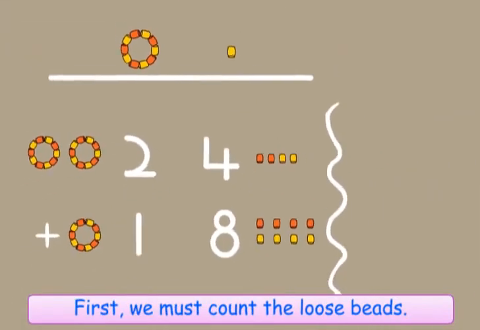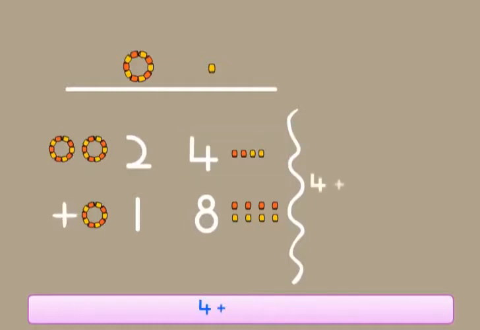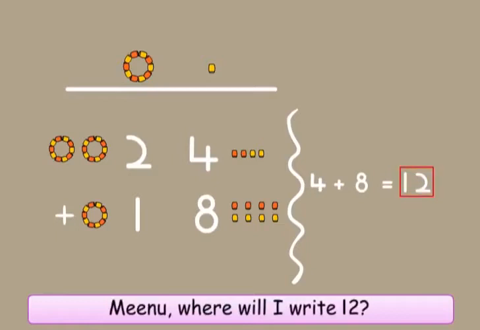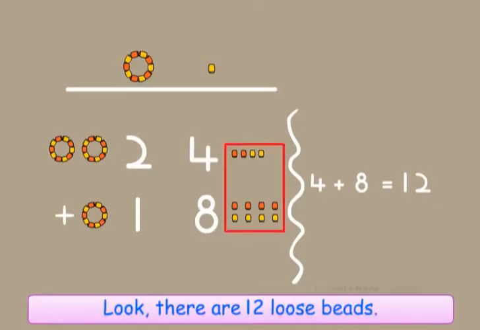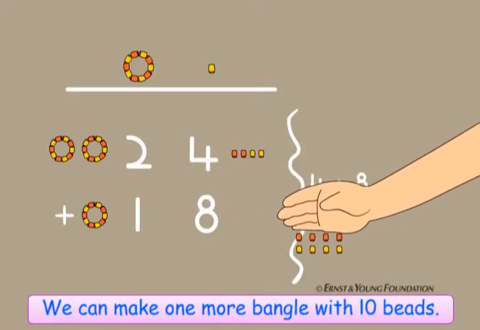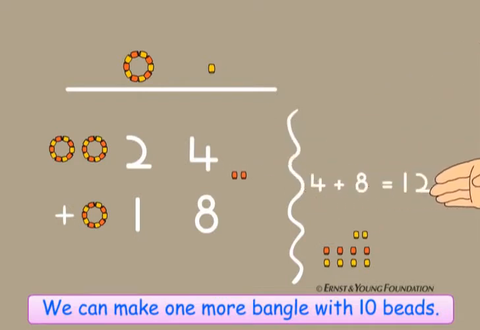First, we must count the loose beads. So 4 plus 8 equals 12. Meenu, where will I write 12? I will tell you, Buzz. Look, there are 12 loose beads. We can make 1 more bangle with 10 beads.